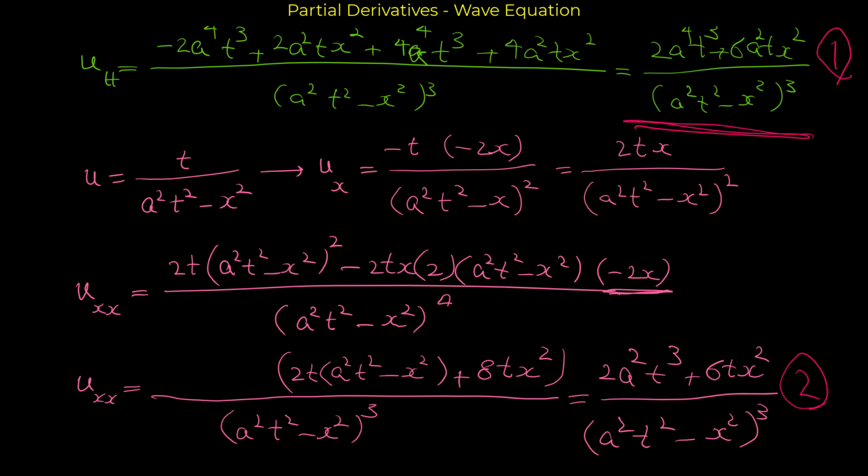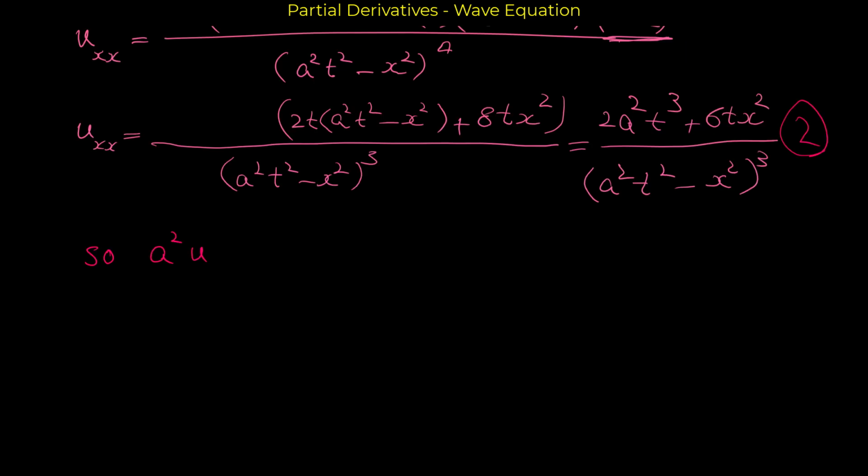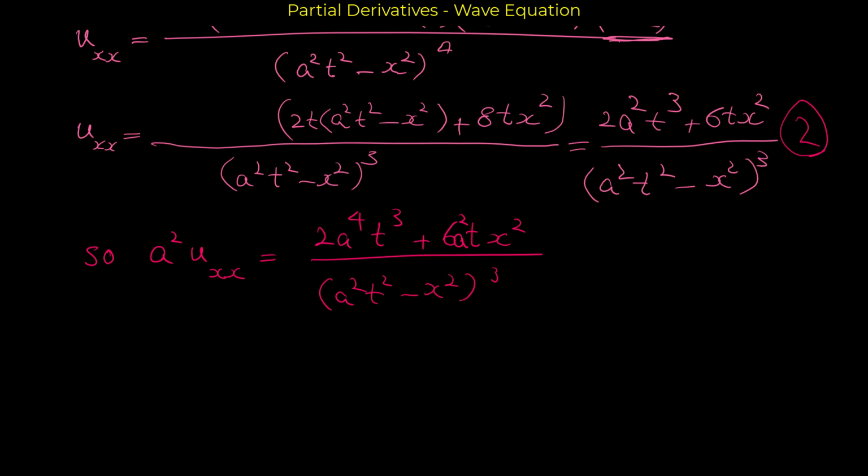So this means that a^2 uxx would be exactly 2a^4t^3 plus 6a^2tx^2. We multiplied by a^2 and we get this, all over (a^2t^2 minus x^2) to the 3. So a^2 uxx is this, and utt is exactly the same expression.